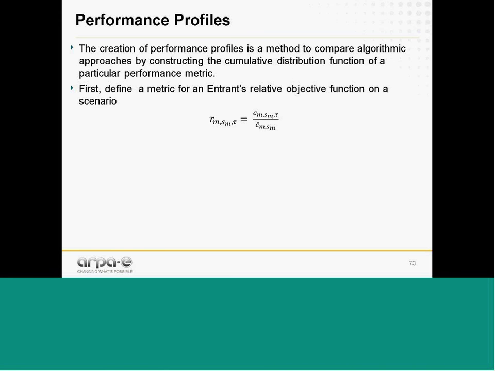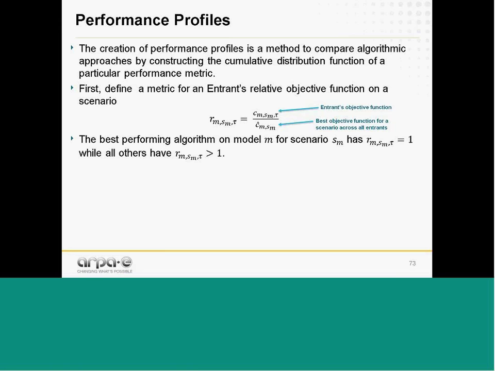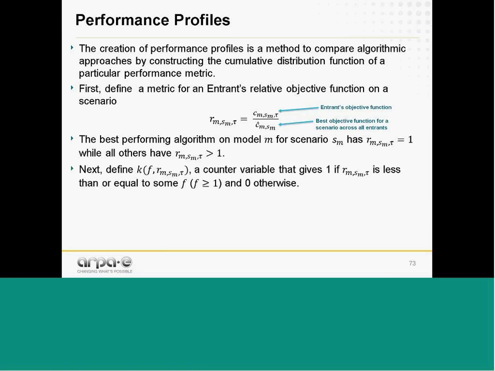Your score is in the numerator. Basically, this is a ratio of how well you did relative to the best performer for that particular scenario. If you're twice the cost, your R is 2. Okay? It starts there with that ratio. So we get your ratio for all of the different scenarios and models. They all have to be greater than or equal to 1.